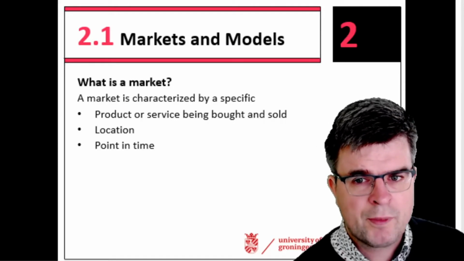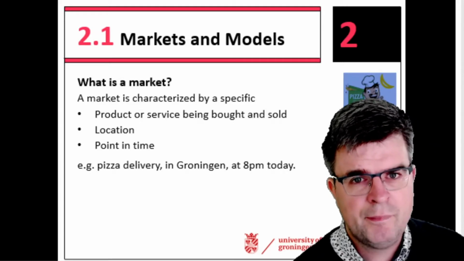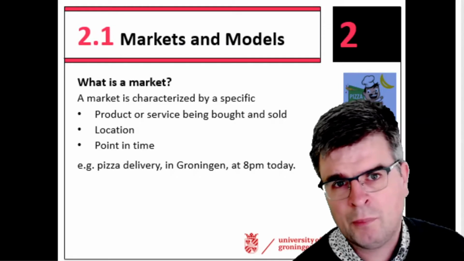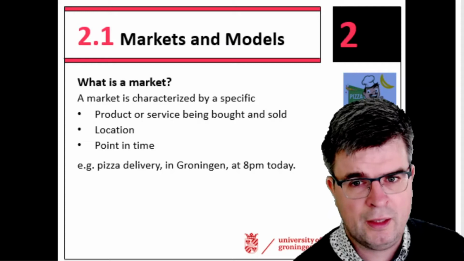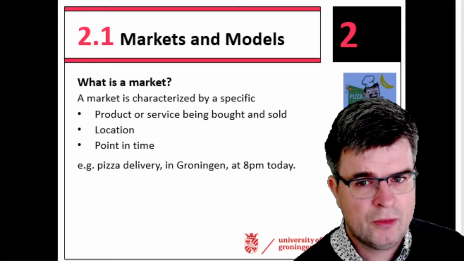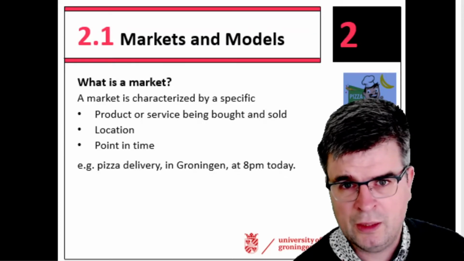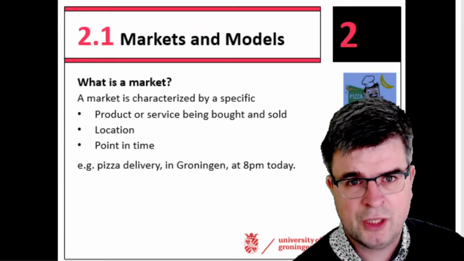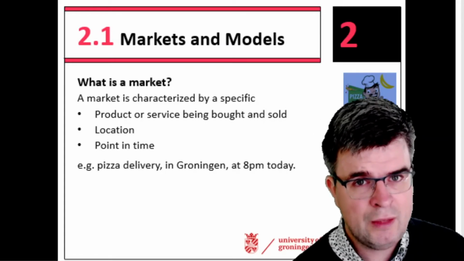So, for example, pizza delivery. Pizza delivery at 8 o'clock in the morning is a different market than pizza delivery at 8 o'clock in the evening. So you can imagine that the demand for pizzas at 8 o'clock in the morning is pretty low, but there is a giant market for pizza delivery at 8 o'clock in the evening.